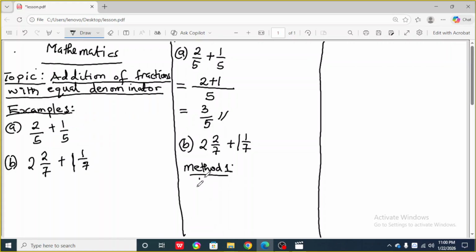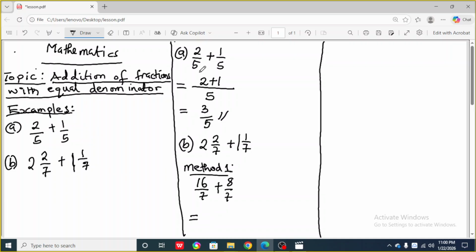So you have 16/7. Then you put your plus. Do the same thing for the second fraction. 1 multiplied by 7, we have 7, then plus 1. That is 8/7.